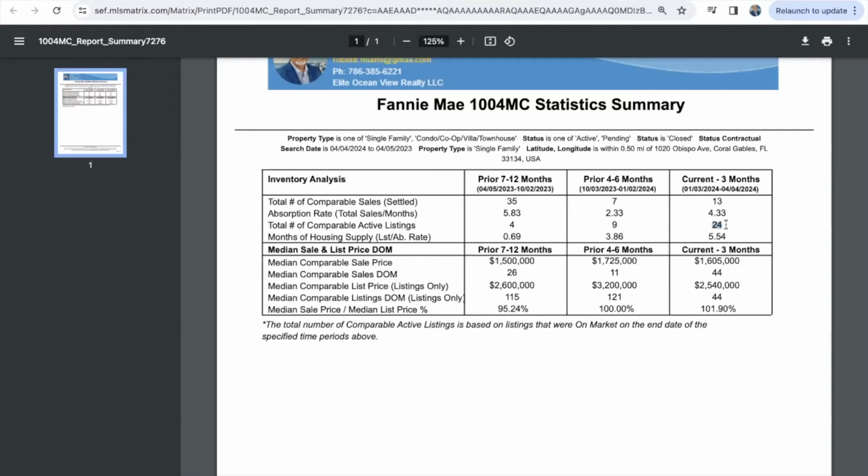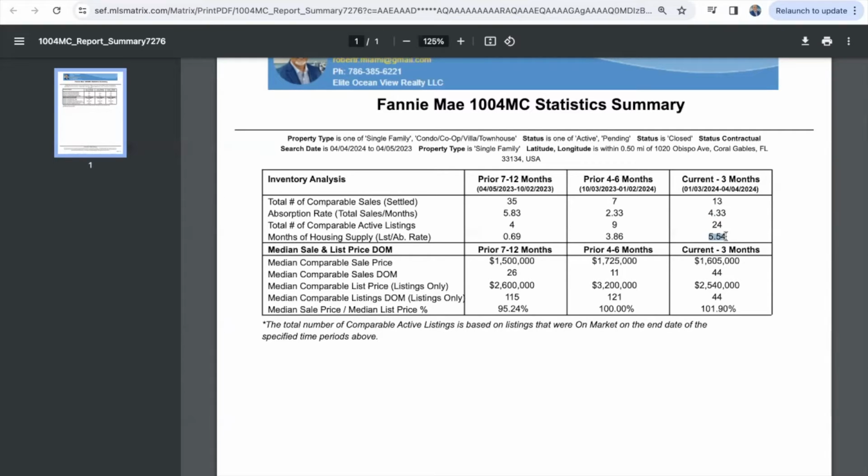That leaves you with 5.5 months of inventory. That would be your absorption rate. The way that's calculated is that if we're selling 4.3 properties per month and we have 24 active listings, we divide 24 by 4.3. That gives us 5.5. So we have enough inventory to last 5.5 months.